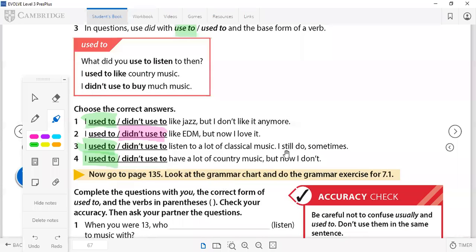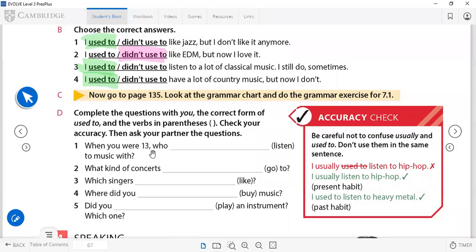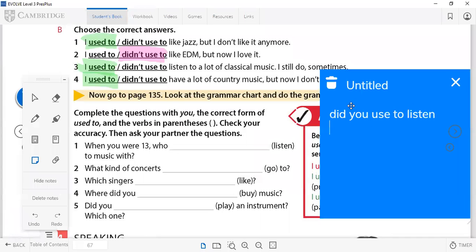Examples with this, we have to integrate this verb in the question. For example, when you were 13, who did you use to listen? Okay, in your book. Who did you use to listen? What kind of concerts did you use to go?